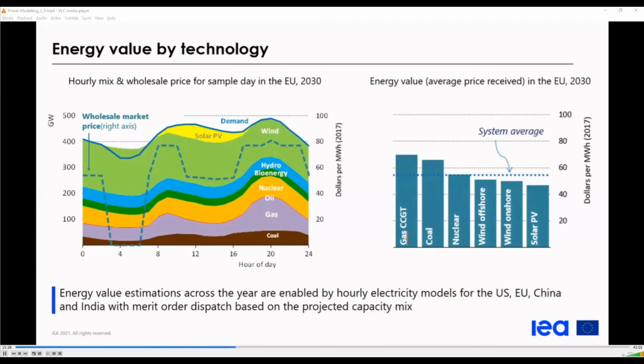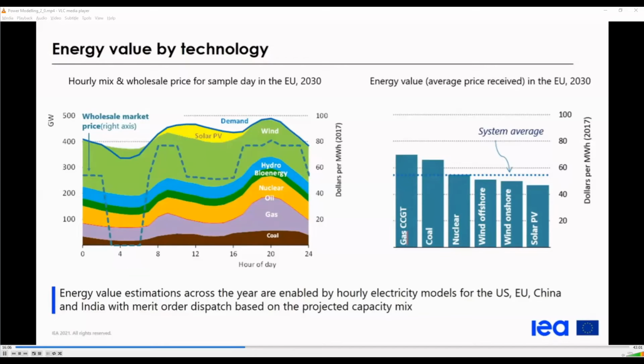Again, dispatchable technologies, and particularly the most flexible ones, are really able to capture those high prices at peak hours. So it means that their energy value is higher than the average of the system. And this, even if they run fewer hours. For this particular European system, you can see as well that wind and solar, especially solar, produce when it's less needed. So in that case, they have lower energy values.